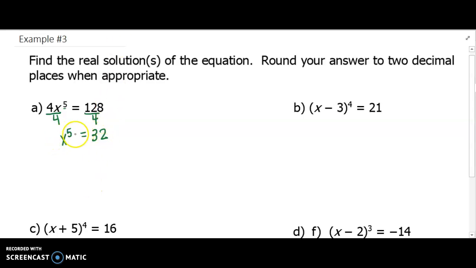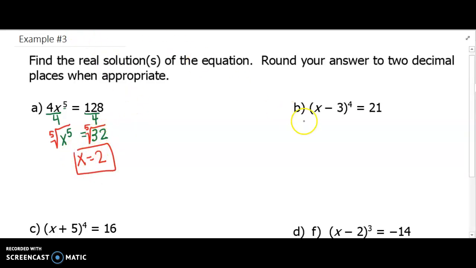Now, in order to get rid of an x to the 5th, we want to do the inverse, which is the 5th root of x to the 5th. So we do the 5th root of 32, and the 5th root of 32 is just 2. Because remember, this is odd, so the 5th root of negative 32 would be negative 2, but the 5th root of positive 32 would be x equals positive 2.